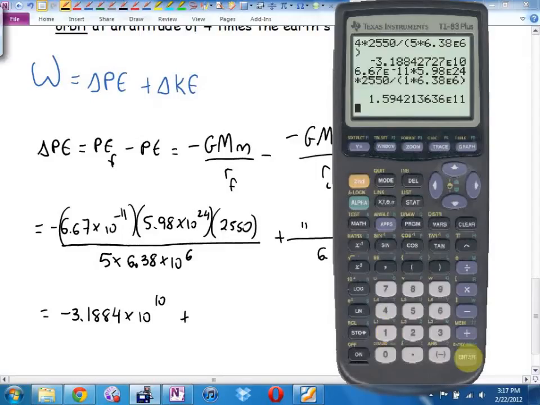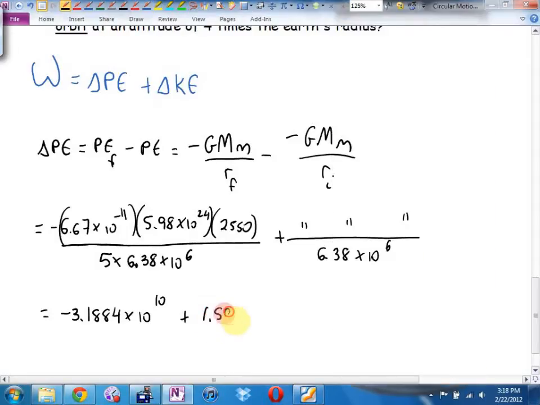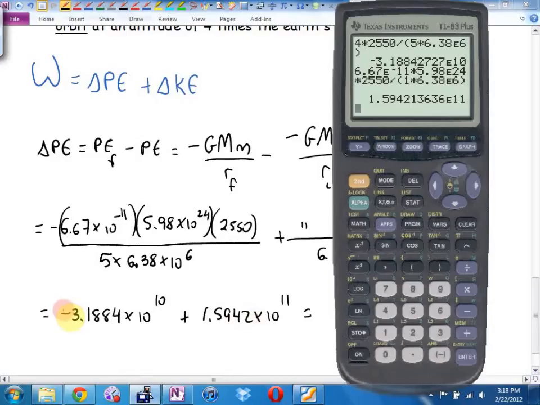How much energy do we have on the ground? 1.5942 times 10 to the 11th. What's my change in potential? This take away that, or this plus negative that. Plus negative 3.1884 times 10 to the 10.